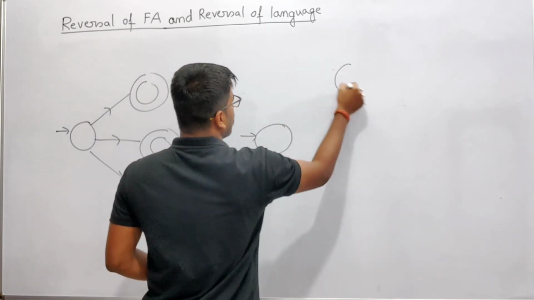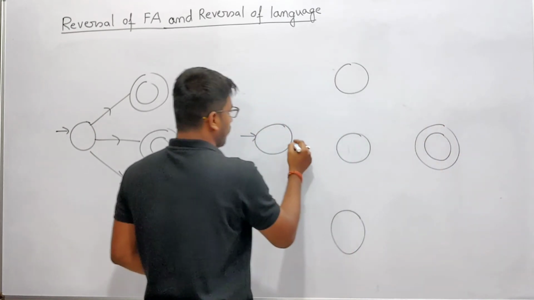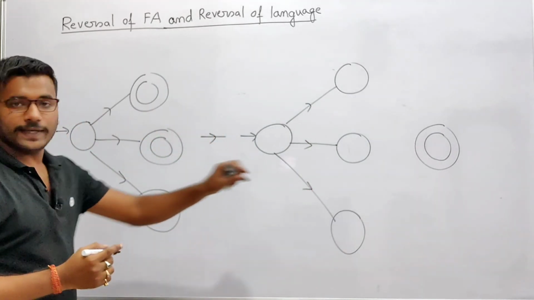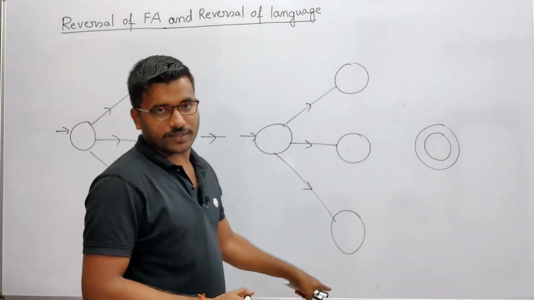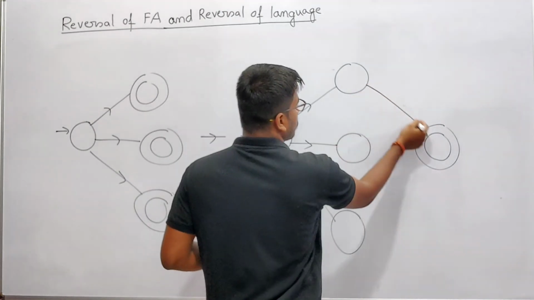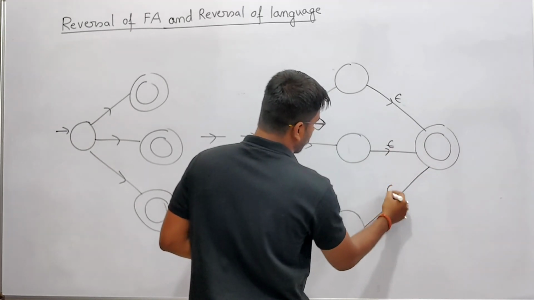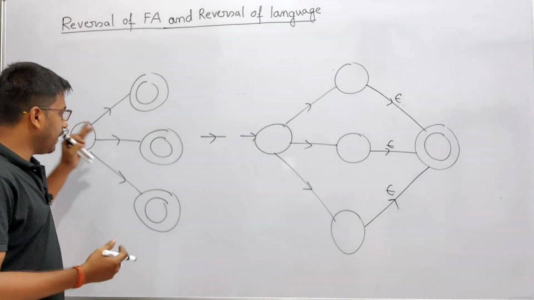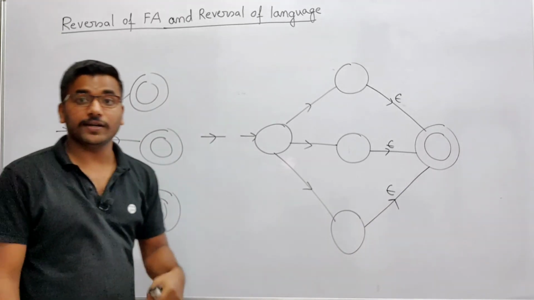How to do it? You create a new final state in such a way that by only getting epsilon from the previous final states, you reach the new final state. These previous final states you have to make non-final. From all these previous final states, by only getting epsilon, meaning the empty string, you reach the new final state. So before applying reversal, if you have more than one final state, you have to convert them into one final state.